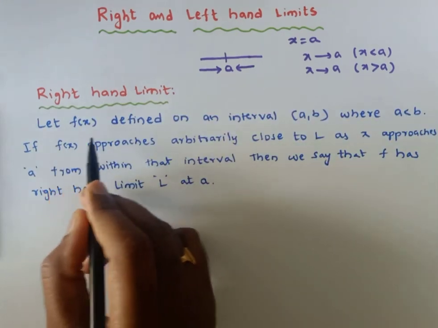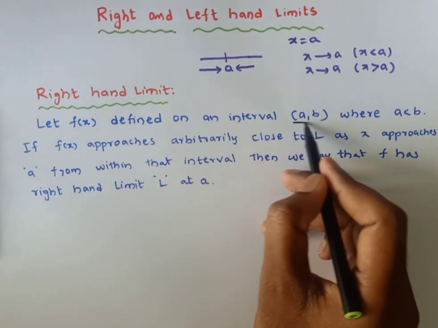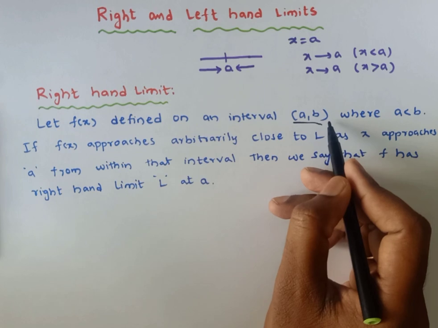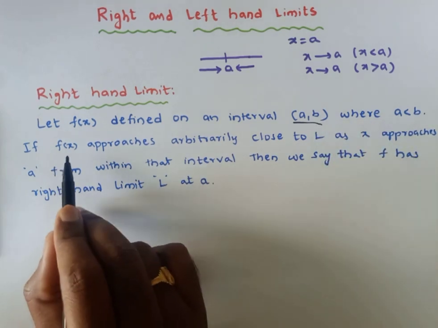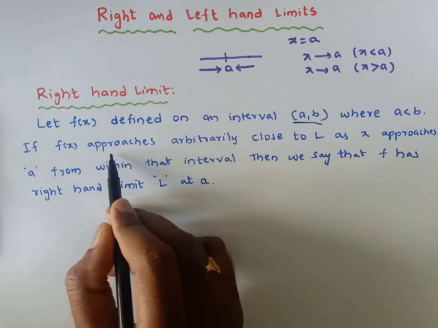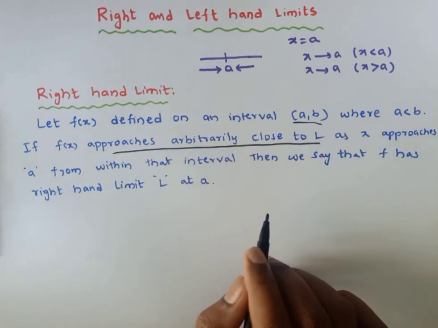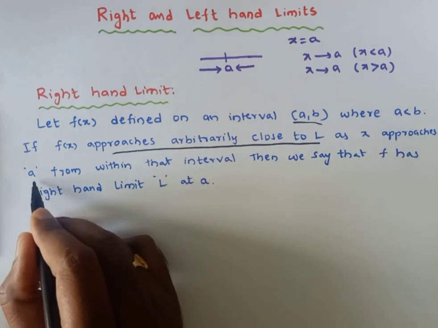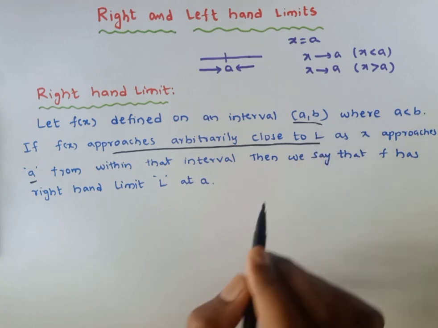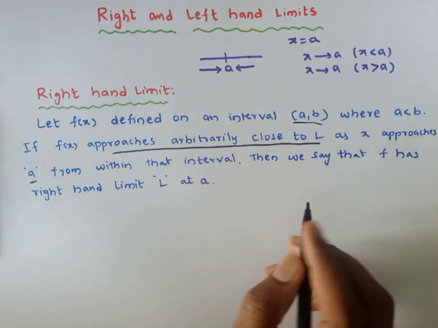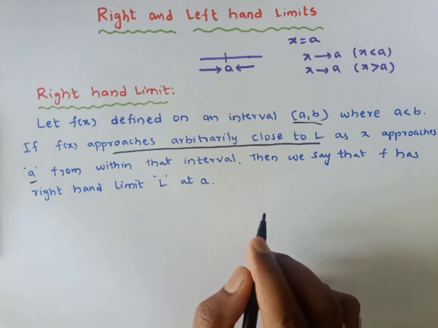Let us consider the function f of x, which is defined on an open interval (a, b) where a is less than b. If the function f of x approaches arbitrarily close to L as x approaches a from within the interval (a, b), then we say that the function f has a right hand limit.